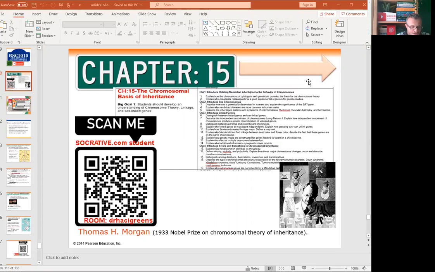We can calculate recombination frequency, and one percent recombination frequency equals 1 map unit, which is also equal to 1 centimorgan. We can map cytological maps and use them to locate specific genes.